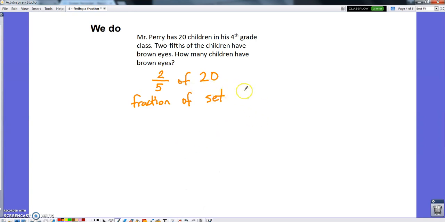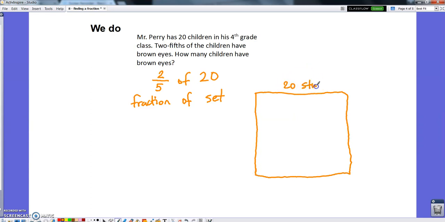And so here we go. I'm going to draw my set of 20. So I draw a whole, there's my group, and I know I'm going to have 20 students in my group. They're all going to go in this box, in this model somewhere.